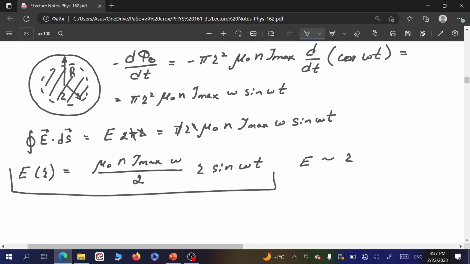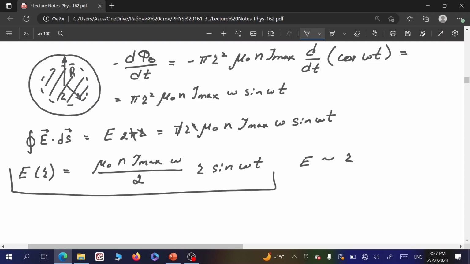If we go further from the solenoid, it's proportional to 1 over r. But close to the solenoid, you can identify this time-varying induced electric field and actually use it to transfer signals, for measuring purposes, or for transferring energy. You can utilize this induced electric field in a certain way.